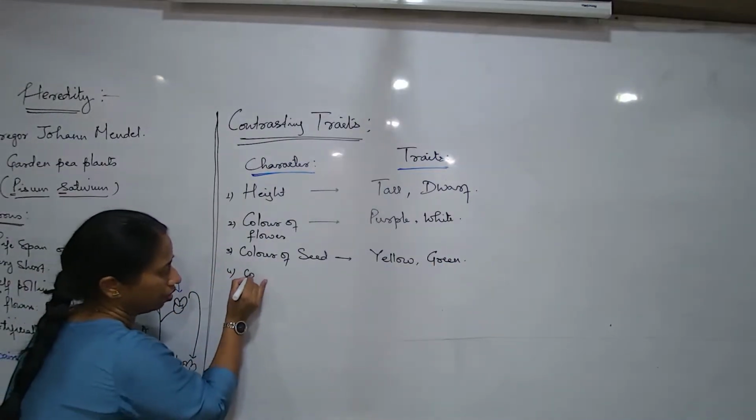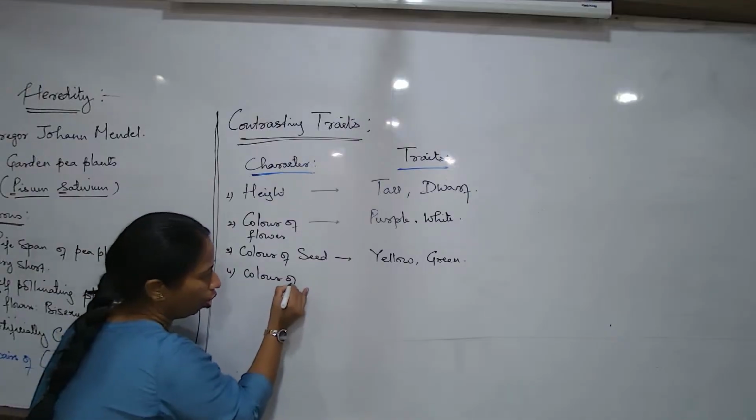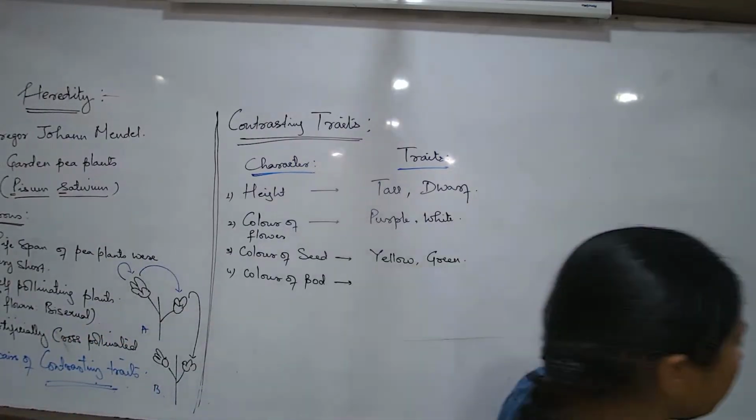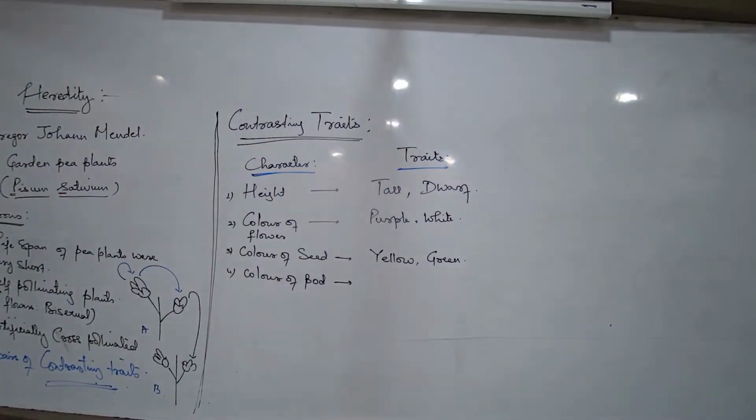Fourth, color of the pod. Now, what is the meaning of the word pod? Pod means when we are talking about the pea plants. No, 7. Acha, reasons for selecting 4. Only 4.